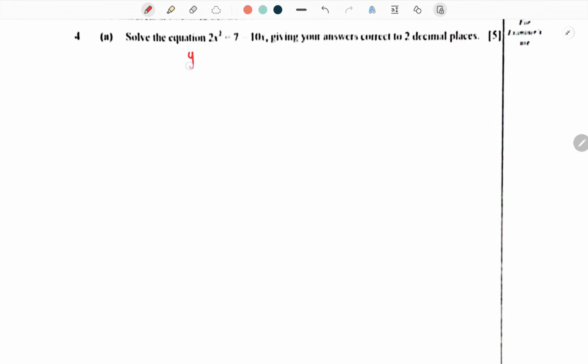Our equation is y equals 2x to the power 2 minus 7, then minus 10.